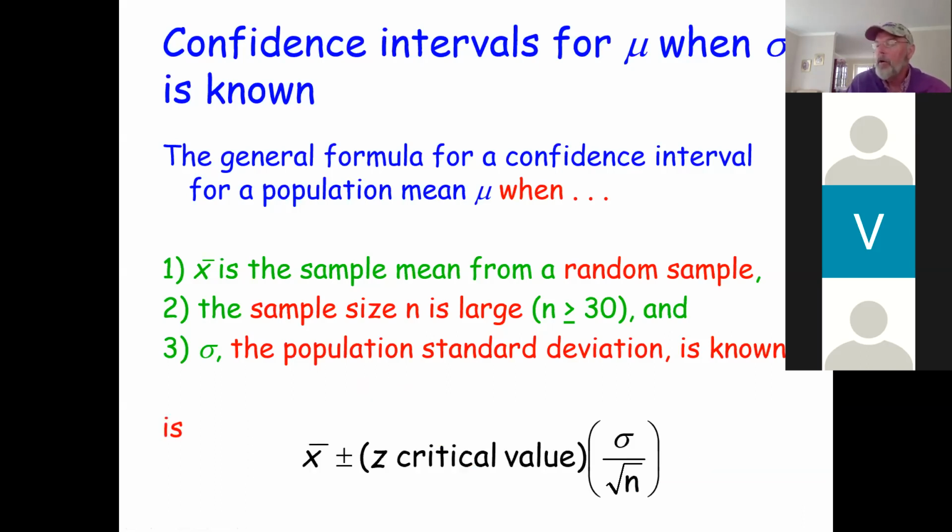All right, so here is the general formula for a confidence interval directed at the population mean mu. So the estimate of mu is X bar plus or minus this critical Z value. Here's the population standard deviation, and we're dividing that by the square root of the sample size.